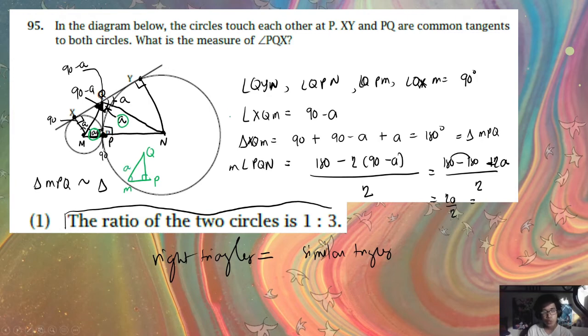So how would you rotate this triangle? This is going to give us a bigger triangle. So this will give us P and Q, and QP is also A. There you go.